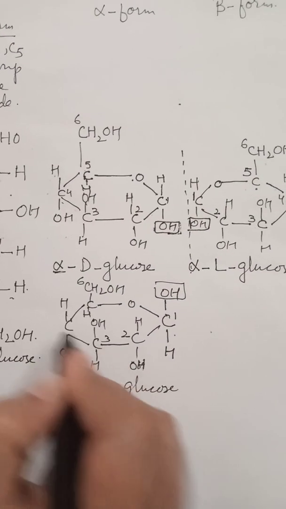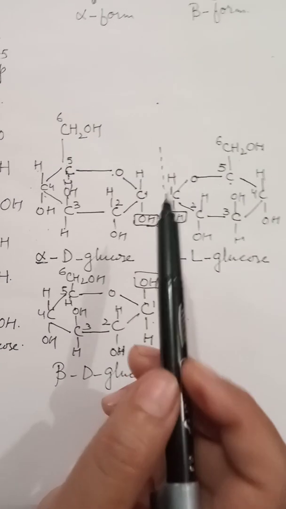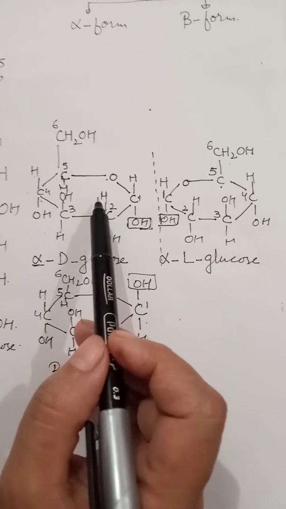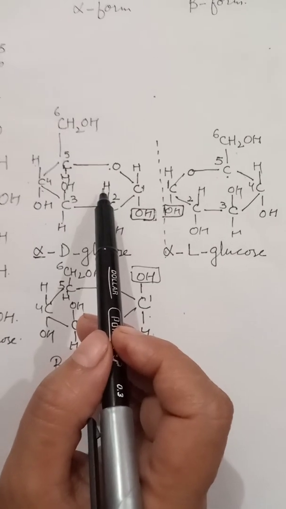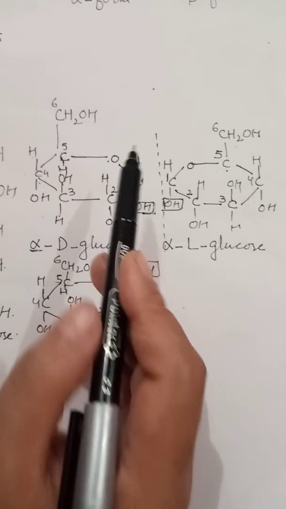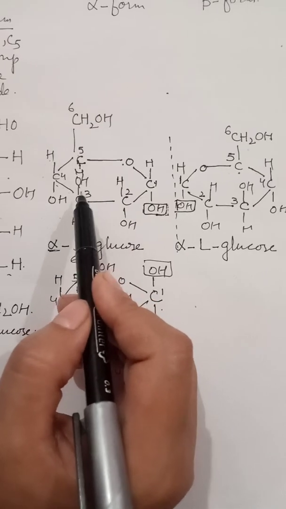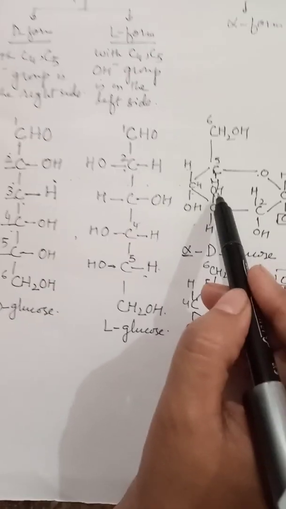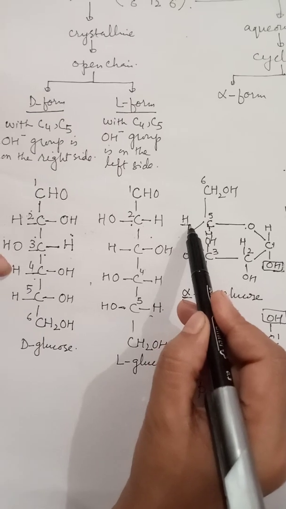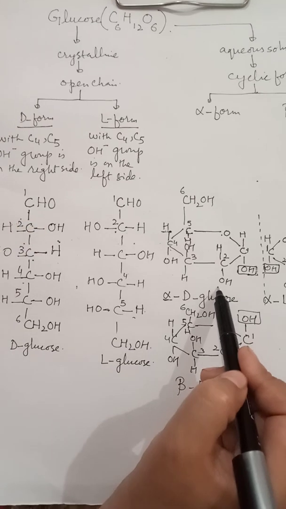This is 2, 3, 4, 5 and 6. Now you can see that all the atoms on the left side are in upward position, and those on the right side are in downward position. Like with carbon number 2, hydrogen is on the left side, then hydroxyl group on the left side with carbon number 3, then hydrogen on the left side, so its position is upward, and those on the right side are in downward position.